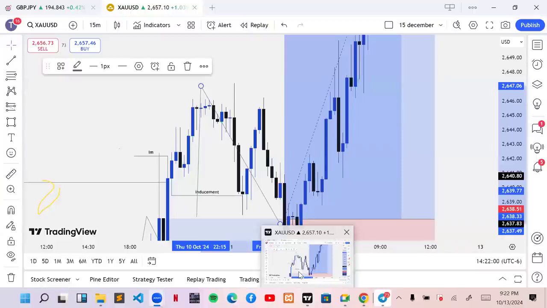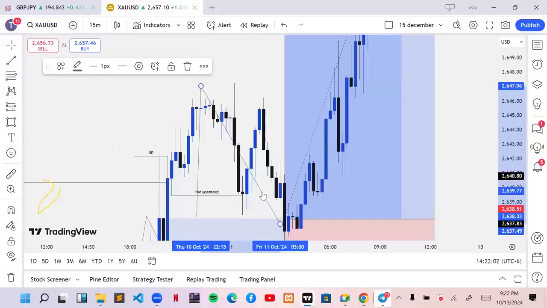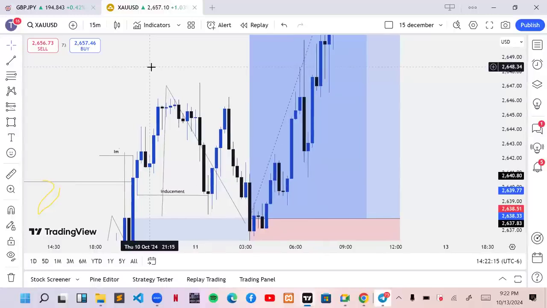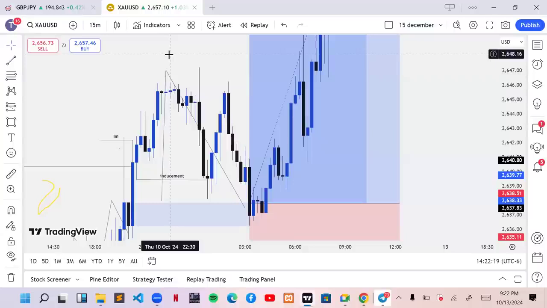I don't understand what you just said. What I'm saying is, if price created a setup, like this example, it created this setup, and before it was triggered, it went up and created the same setup up here. Would you ignore the setup it created up? You wait for your setup to trigger.